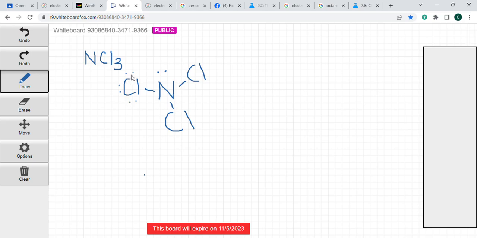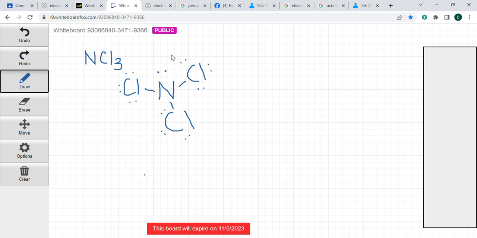Then another here. Then here. Now let's check if the atoms follow the octet rule.